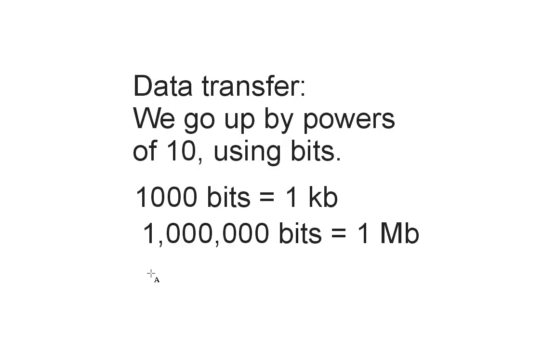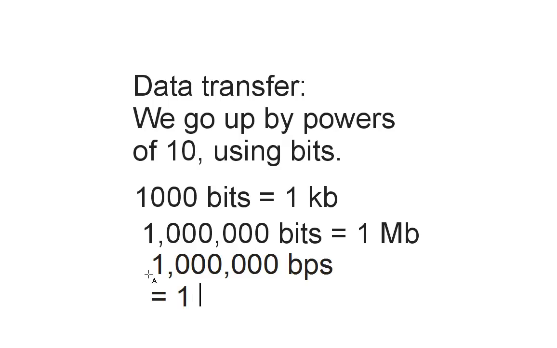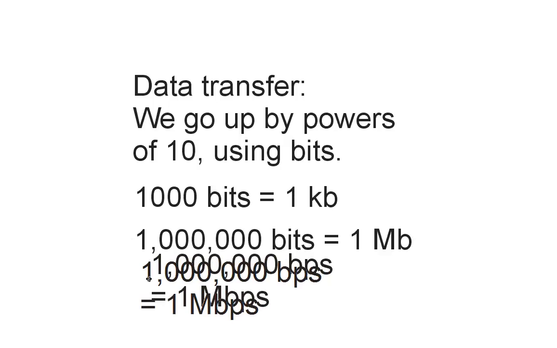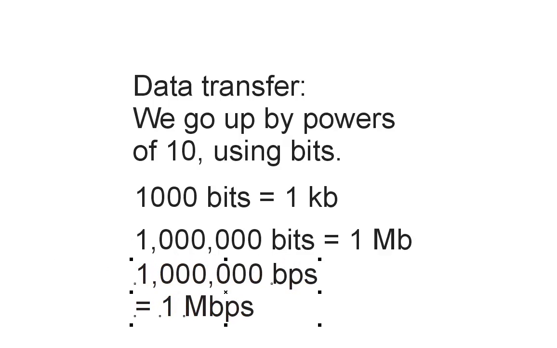So we might instead say we have a transfer rate of 1 million bits per second equals 1 megabit per second. But again, in this particular question, the answer is A. 1 terabyte equals 2 to the 40th power bytes.